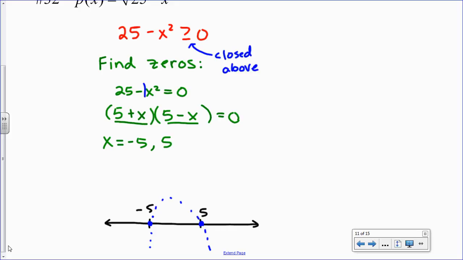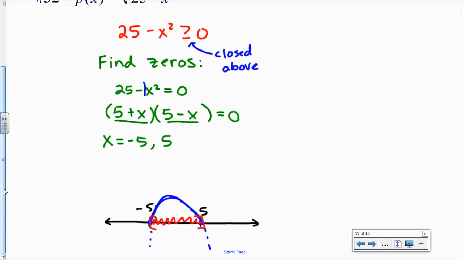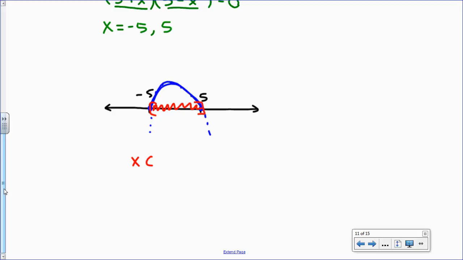So that's this part right here. So then on your number line, that corresponds to right here, and the closed circles mean that you have brackets. So -5 to +5. Questions about that?